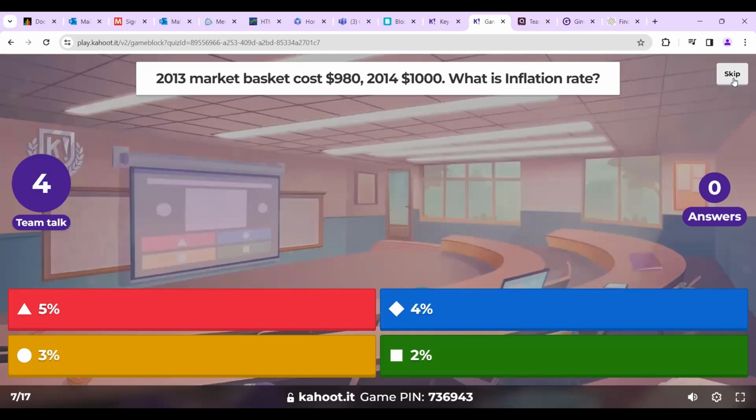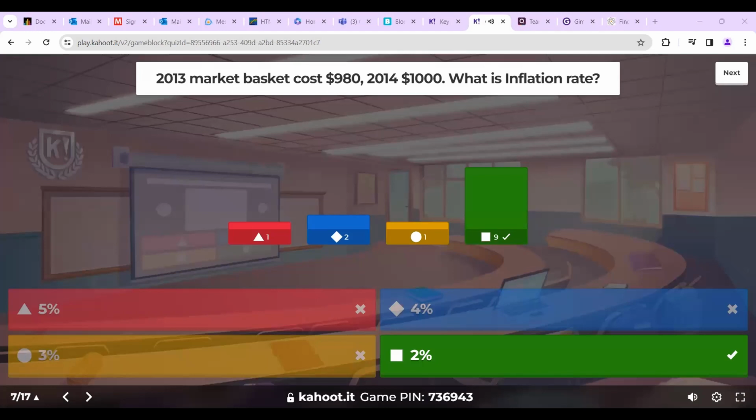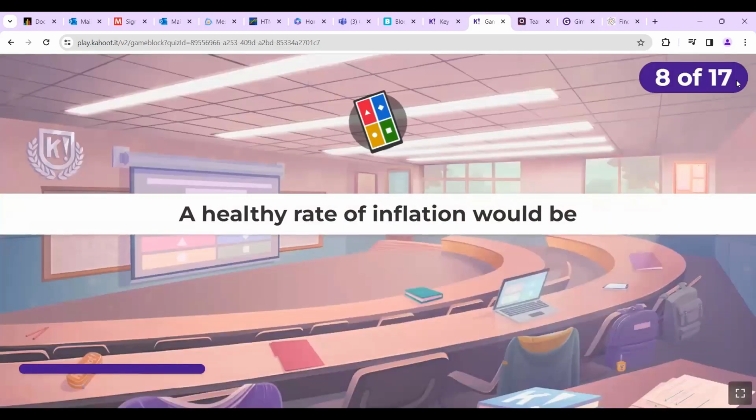What is the inflation rate? So it's 2%. How you do that is you take 1,000 minus 980 divided by 980. And that would be about 2%, roughly, approximately. It wouldn't be exactly 2%, but it'd be almost there.